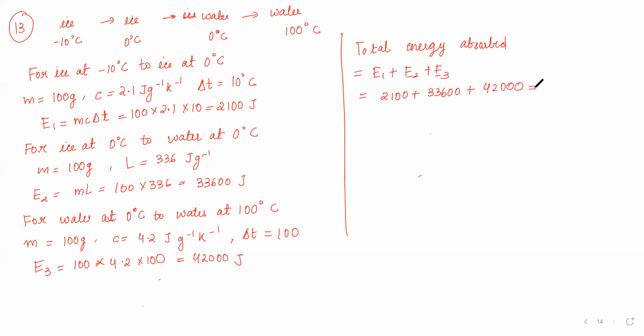So when you add them up, you are getting 77700 joule. So if you want to write this in the power notation form, 7.77 into 10 raised to 4 joules. Or you can be writing 77.7 kilojoule. Okay. So this is the way this has to be done. Was an easy one. Moving on to question number 14.